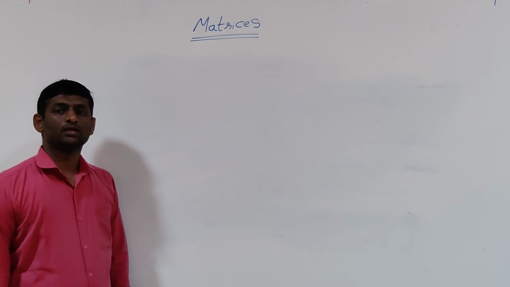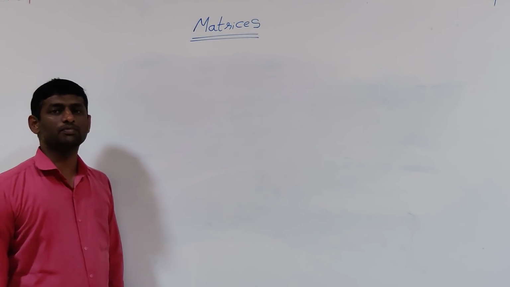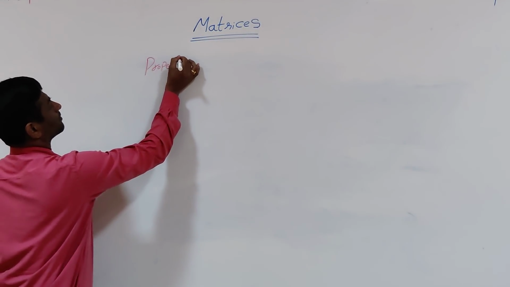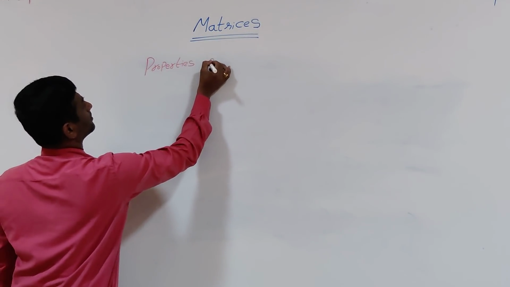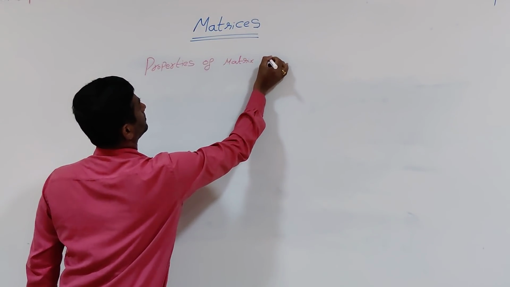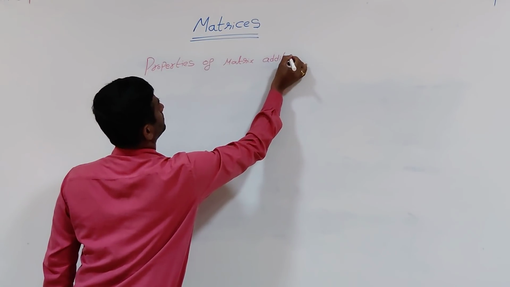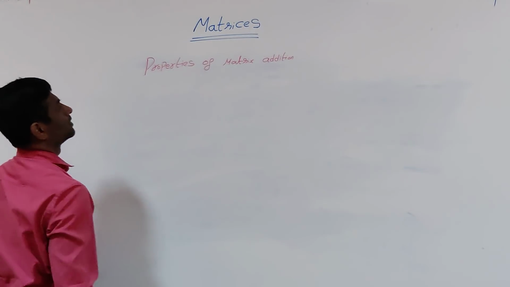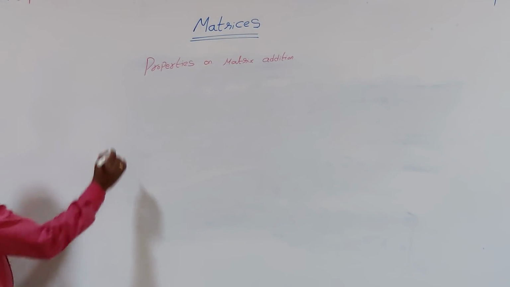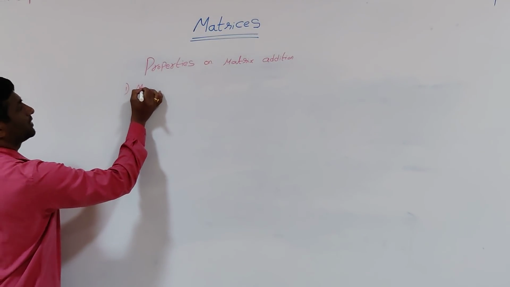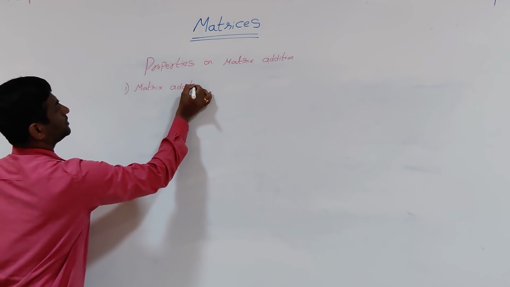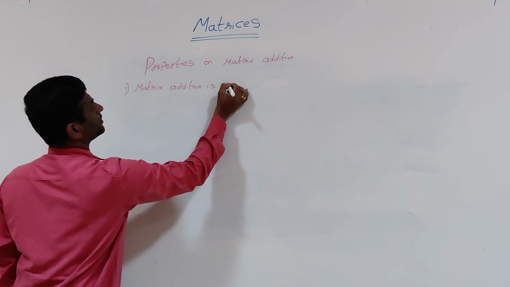Now on the sum of two matrices, we'll see some properties. Properties of matrix addition. Number 1, matrix addition is commutative.